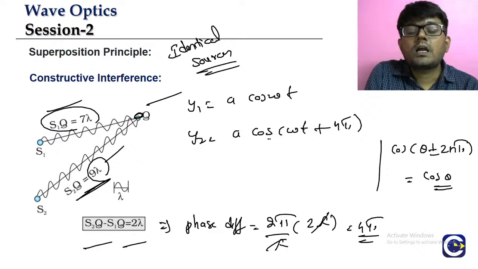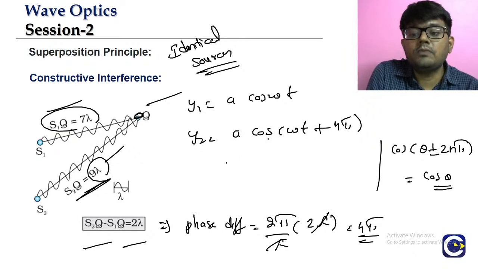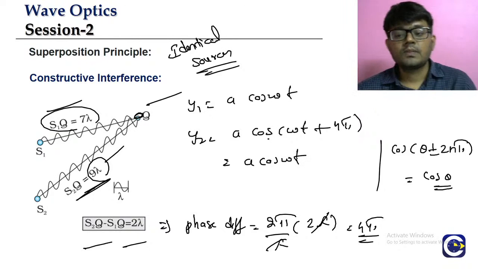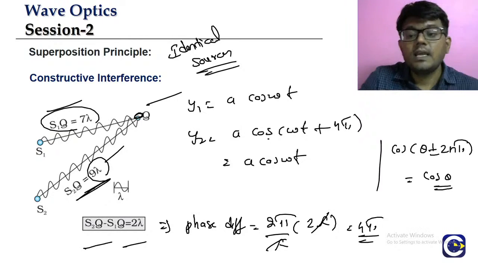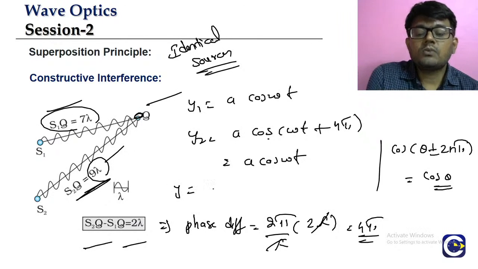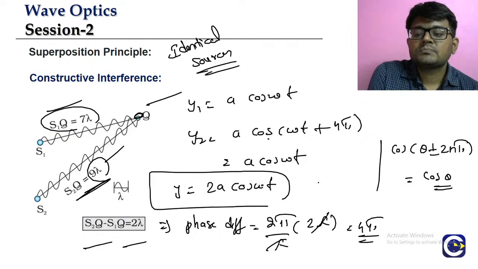So cos of omega t plus 4 pi will be cos omega t only, which means again the resultant will be 2A cos omega t, and again here we'll have I equal to 4 I naught.